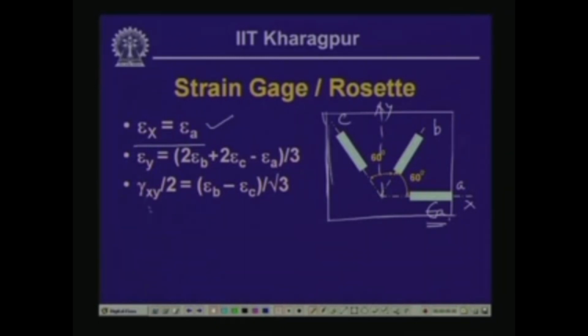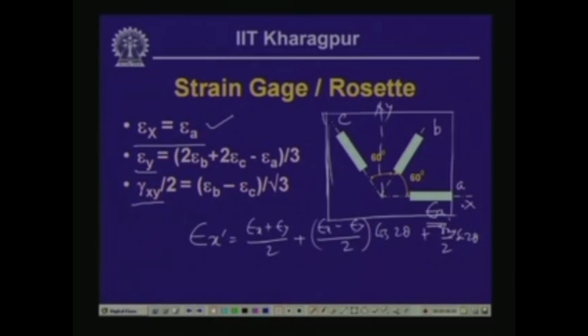So, we will have to find out the values of epsilon y and gamma xy from the measured strain in the directions of B and C, and to evaluate the strain values epsilon y and gamma xy, we make use of the transformation equation, which is again epsilon x dashed is equal to epsilon x plus epsilon y by 2 plus epsilon x minus epsilon y by 2 cos 2 theta plus gamma xy by 2 sin 2 theta.